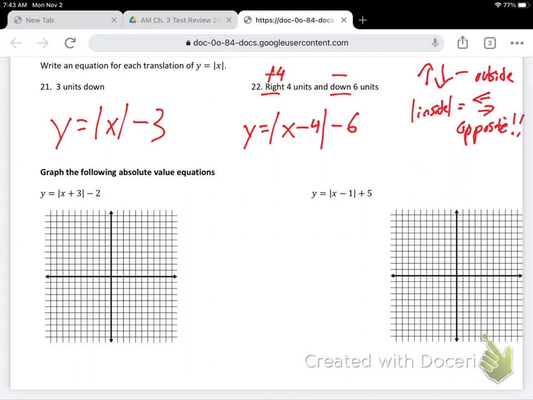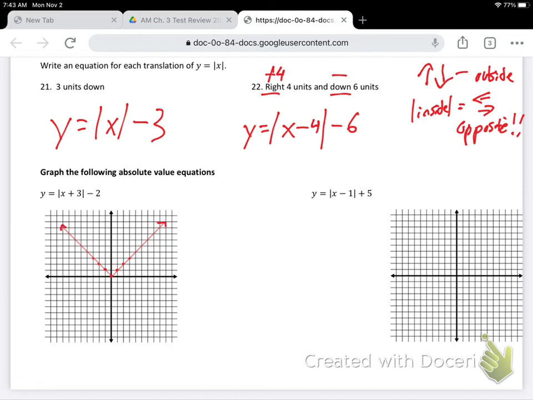Our last, if we're graphing these, remember that we always start here at 0, 0 with the slope of 1/1. And then we just graph some lines there, with our little arrows, so that's our starting point.